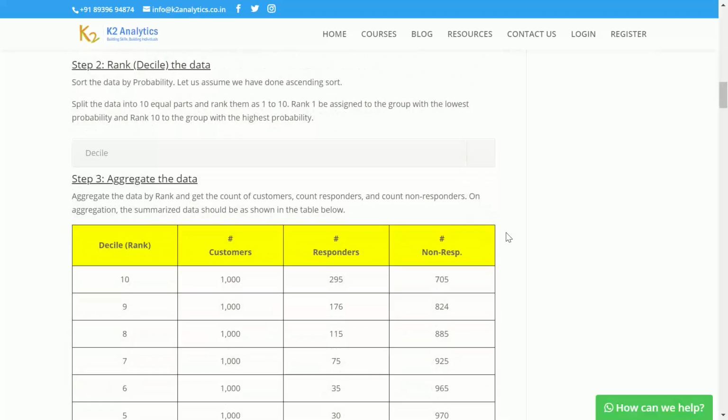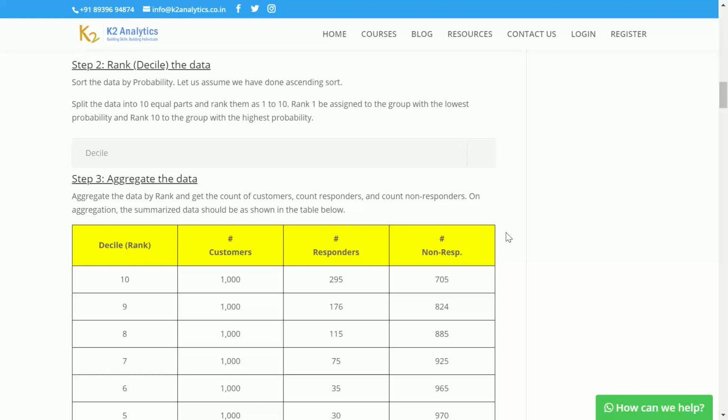Second step is to decile the data. What do you mean by decile? Deciling is a step where you break the data into 10 buckets, each bucket approximately having 10% of observations. So here we will be deciling the data based upon the probability column.